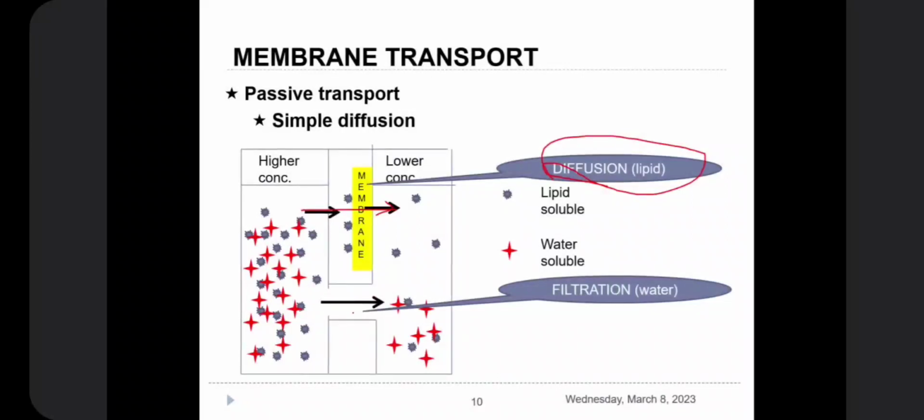It just crosses the membrane through the water pores between the cells. This water-soluble drug crosses the membrane by a diffusion called water soluble diffusion. Its another name is filtration.